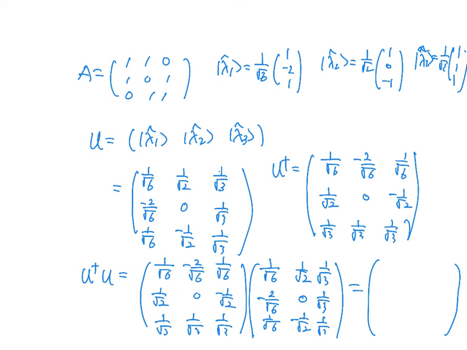Okay, the first element, this and this, what do you get? 1 over 6 plus 4 over 6 plus 1 over 6, you get 1. How about the second element, this and this?